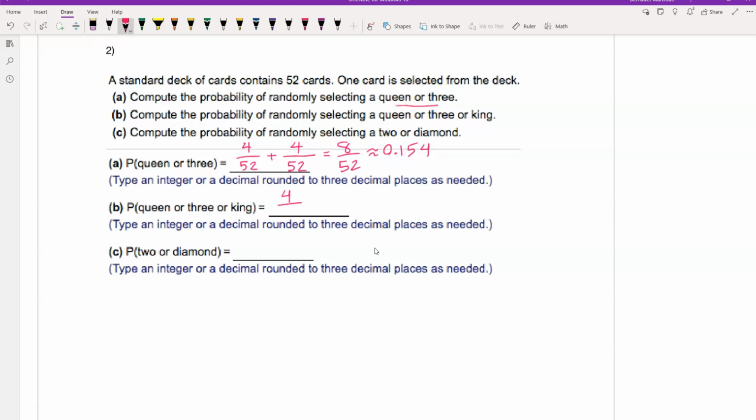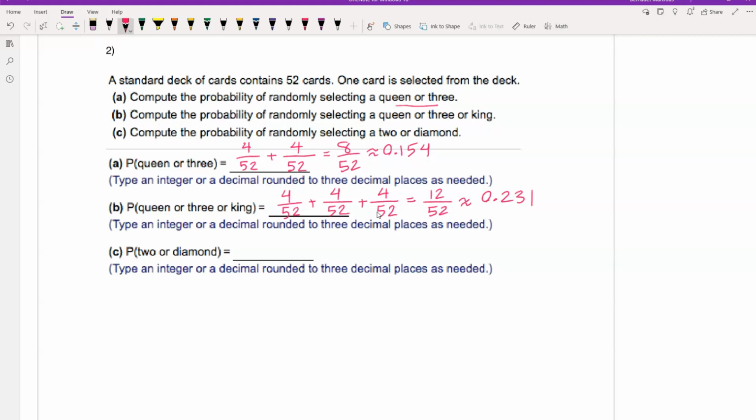So 4 queens, plus, here we have or, so we're adding, 4 cards that are 3 divided by 52, plus 4 cards that are king, again divided by 52. That is equal to 12 over 52, rounding 0.231.